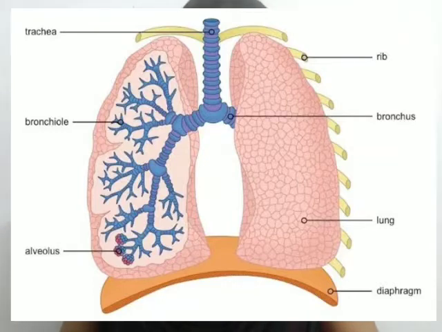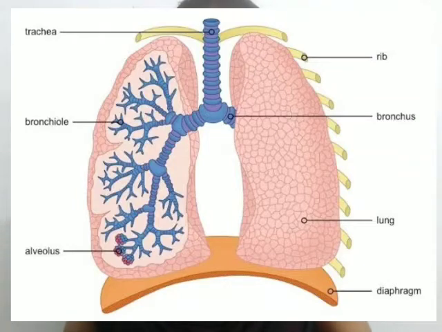Next, the trachea divides into two branches called bronchi; the plural is bronchi and the singular is bronchus. Then the bronchi lead to the lungs.